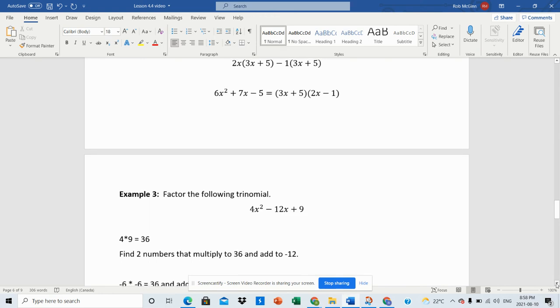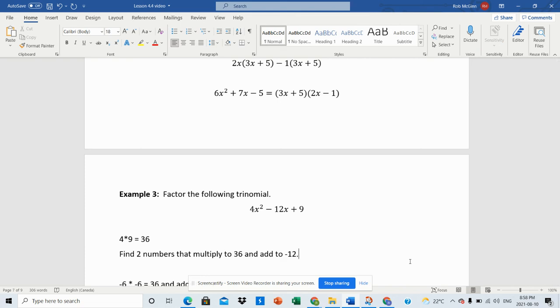Well, we can go through all our factors. What multiplies to 36? Well, there's 12 times 3, but that won't add to negative 12. There's 4 times 9. 4 and 9, no, that's going to be negative 13, so we're not quite there.